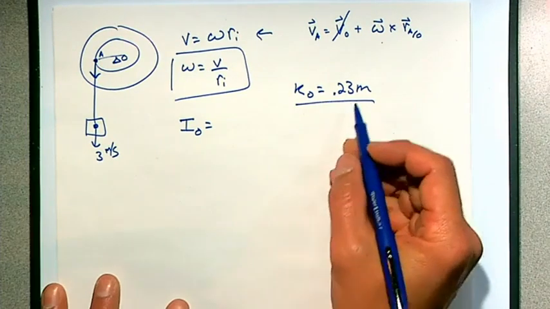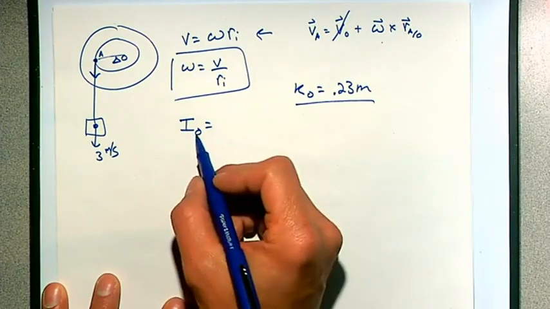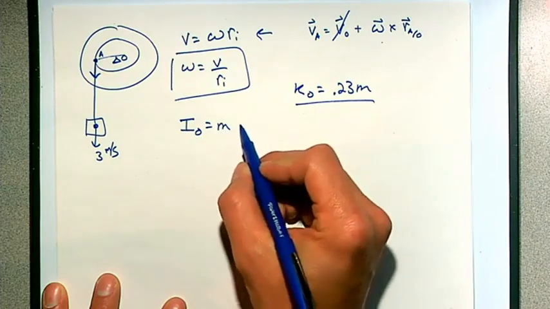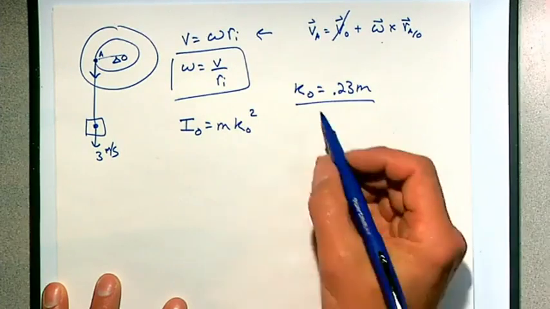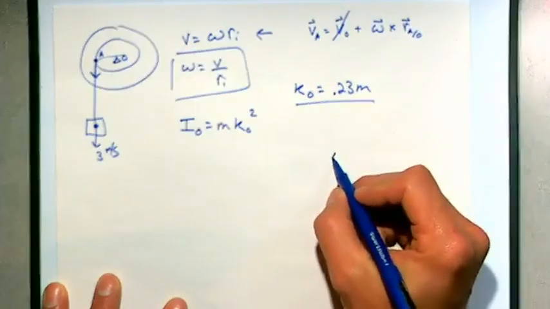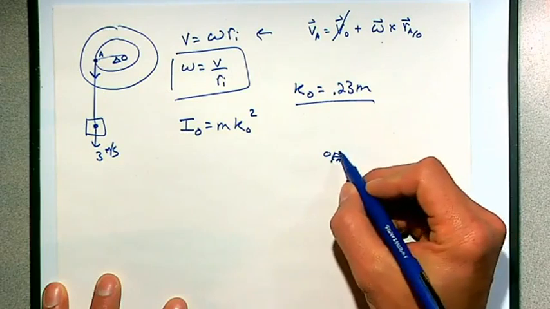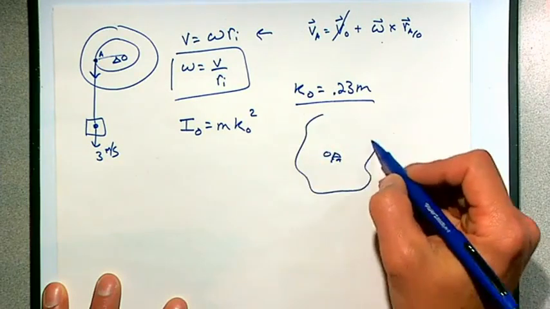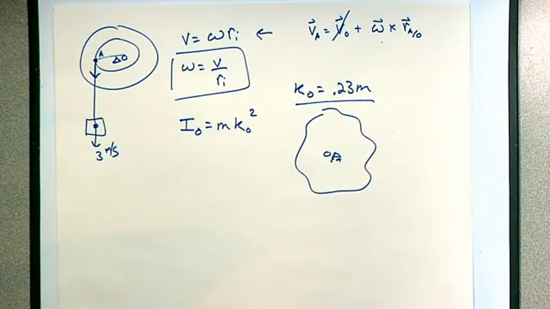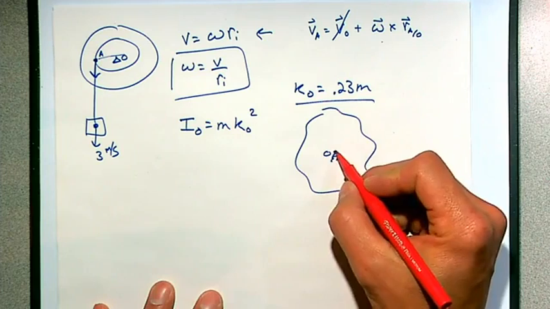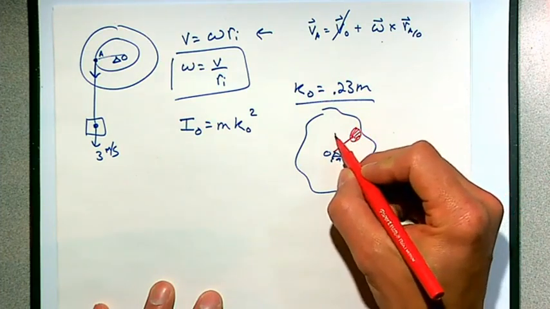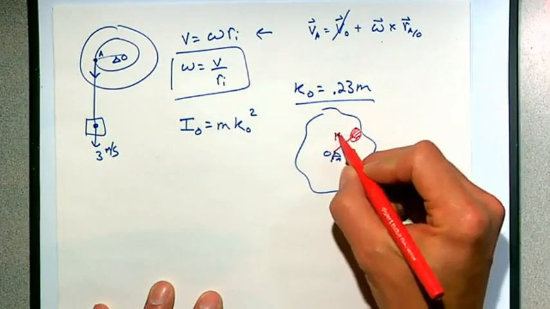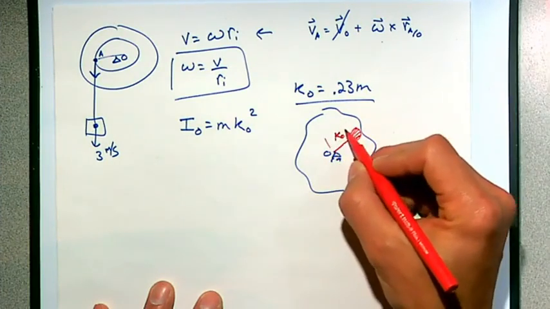So if you have a radius of gyration, the moment of inertia is just mass times that radius squared. This is essentially saying that if we've got our point O here, no matter what this blob looks like, I'm just going to pretend like all of its mass is at a distance K sub O from the center line.